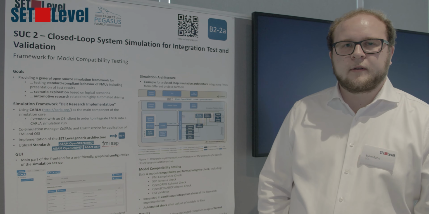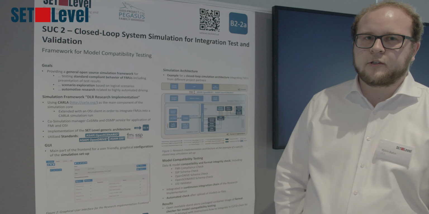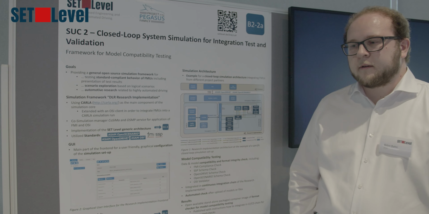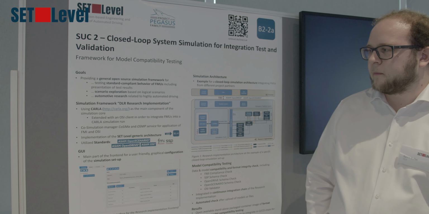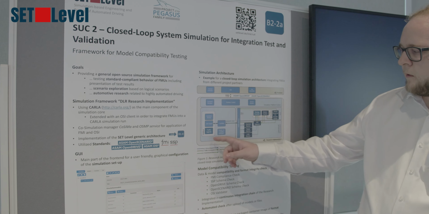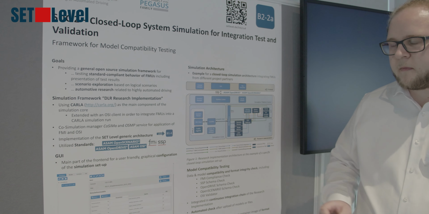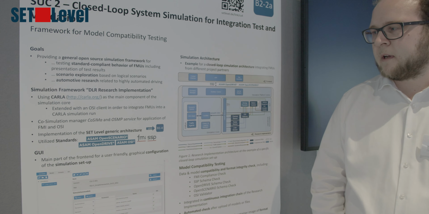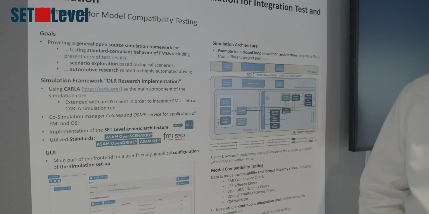So let's jump into our DLR research implementation. Our main simulation is around CARLA. We extended CARLA with an OSC client to create OSC messages and interpret these messages in the CARLA simulator.